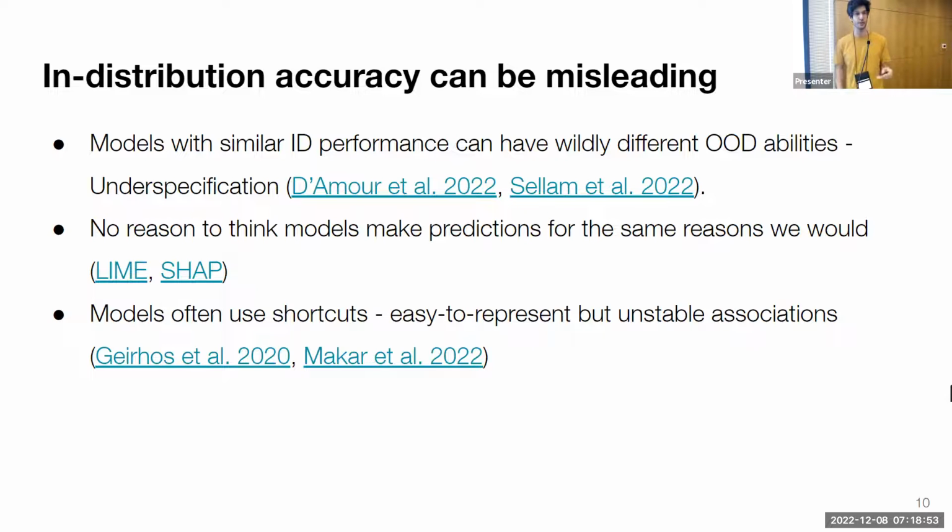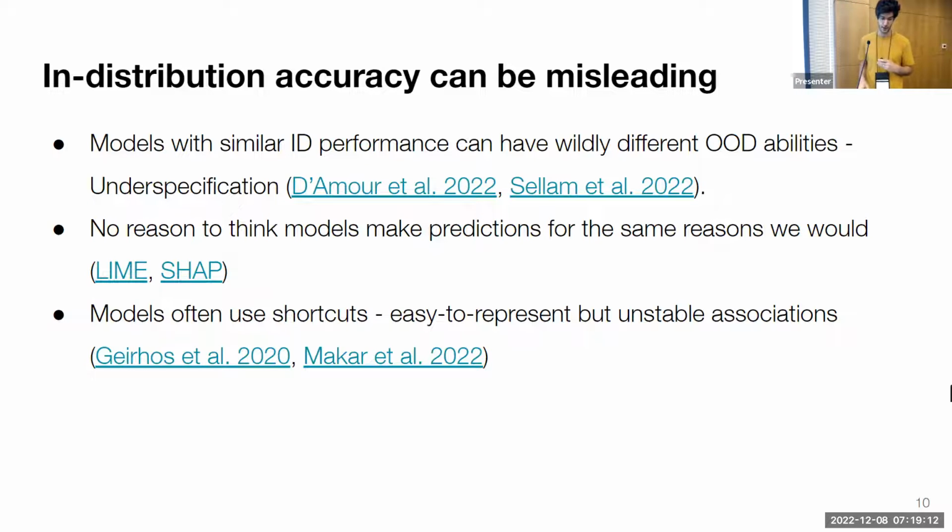Specifically, we could have a problem of underspecification, where models have very similar in-domain accuracy but are wildly different in their out-of-domain setting. This could be because they're using different types of information to make the same predictions, right? We have no reason to think ex ante that models make predictions for the same reasons that we would.